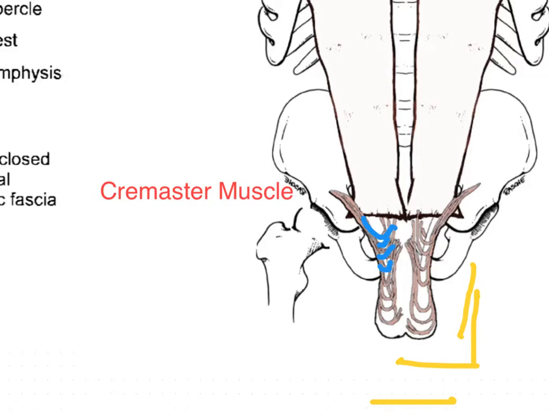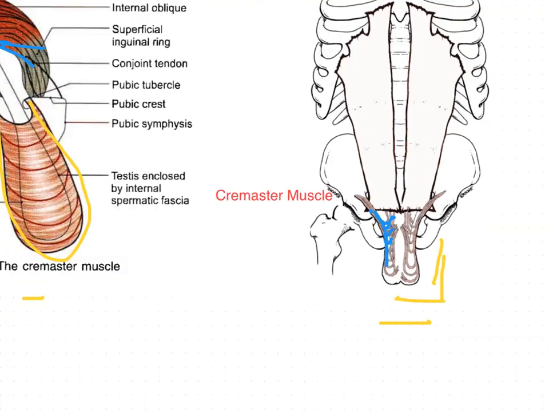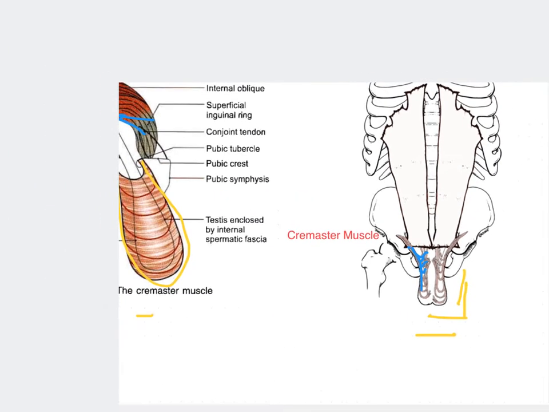They arise from the anterior superior iliac spine and the adjoining inguinal ligament, and descend on the anterolateral side of the spermatic cord. Here you can find this spermatic cord.